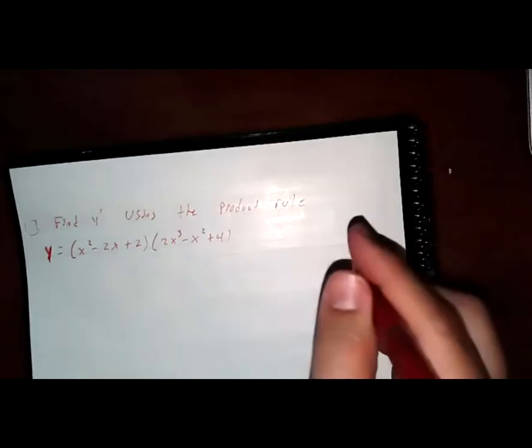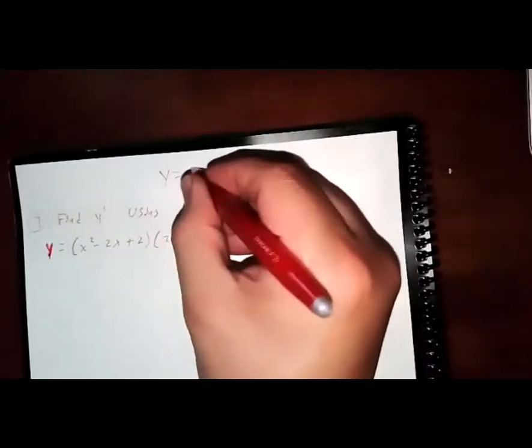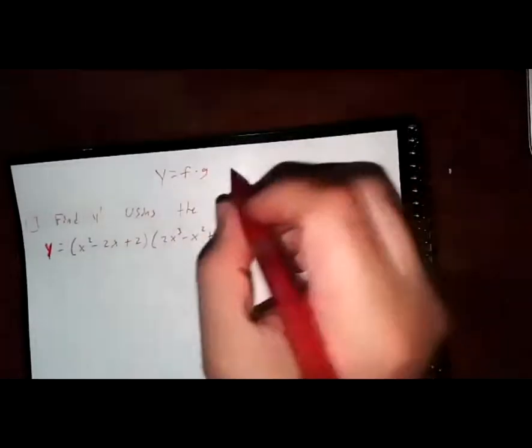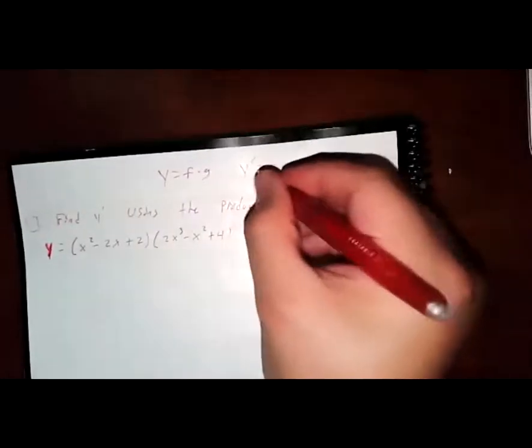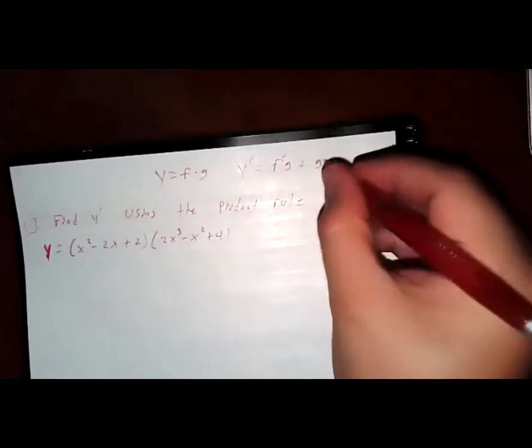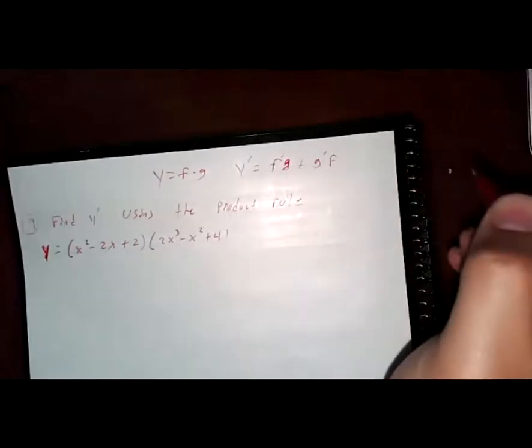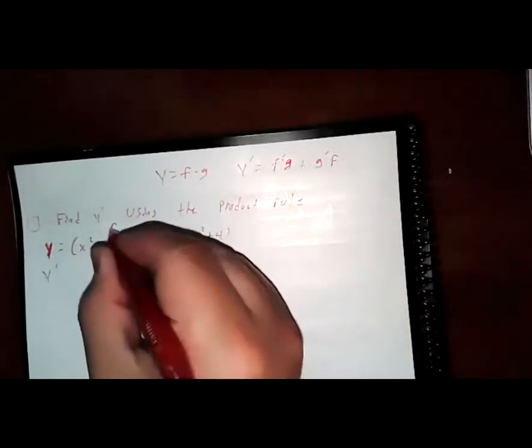Okay, so we're doing this guy here, product rule. I'm gonna write the product rule up here. We have a product of two functions, f times g. The derivative will be f prime g plus g prime f. So I'm gonna label this f and g.